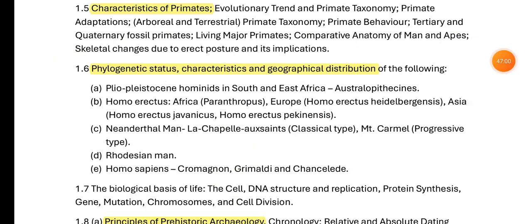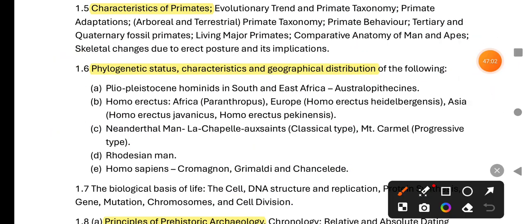It is less developed than man, but much more developed than the ape.